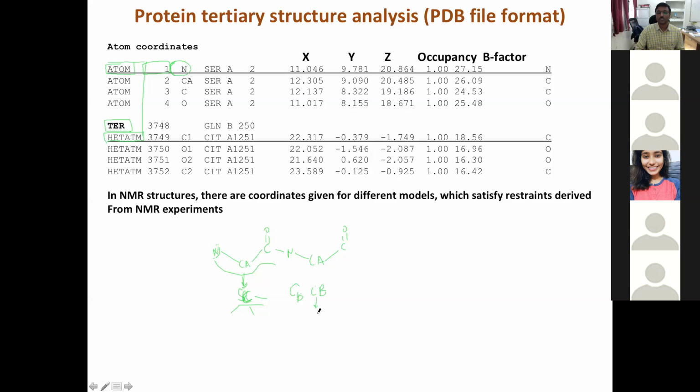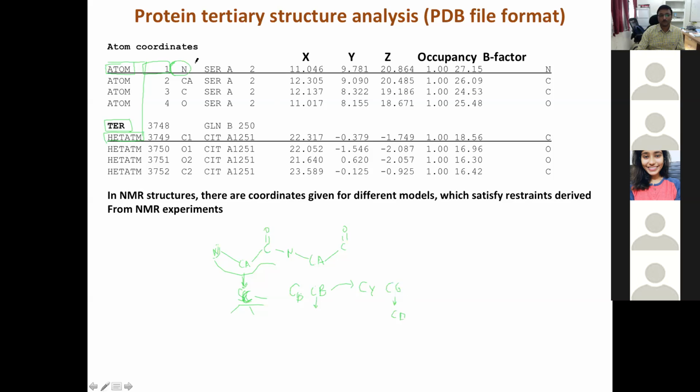After C beta, anything attached is given as C gamma, written CG. Anything attached to C gamma is C delta, CD, and then C epsilon, or CE. That's how the naming of the side chains happens.